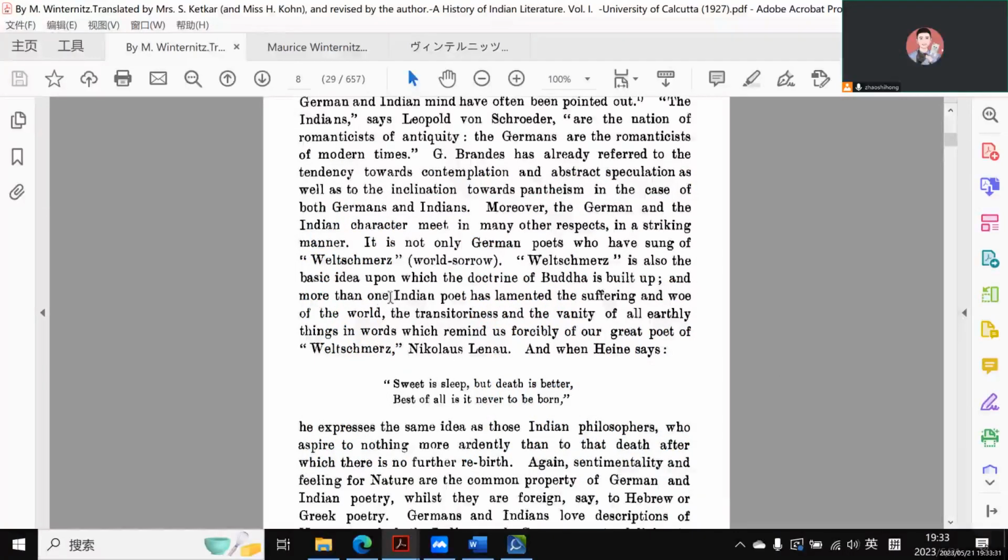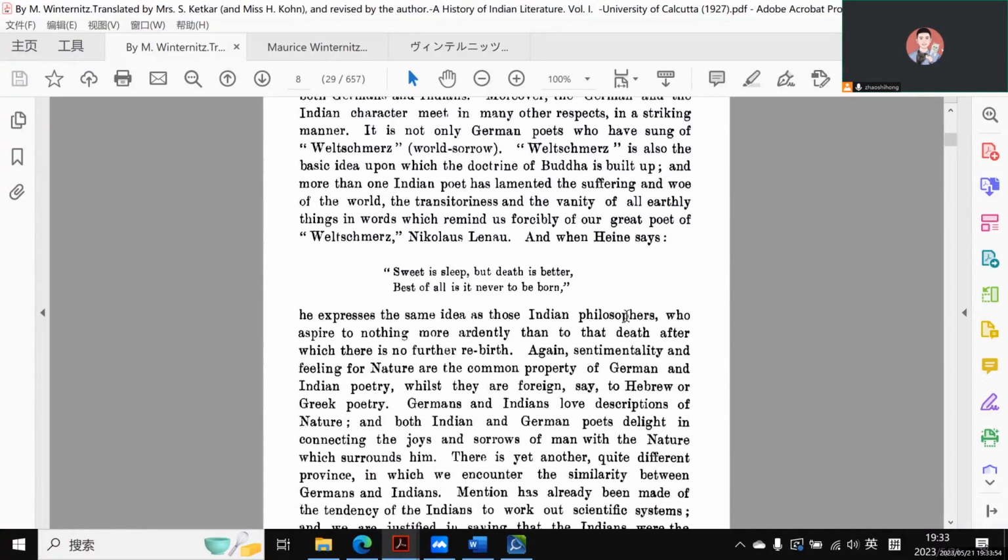And more than one Indian poet has lamented the suffering and the woe of the world, the transitoriness and the vanity of all earthly things in words which remind us forcibly of our great poets of Weltschmerz, Nikolaus Lenau.